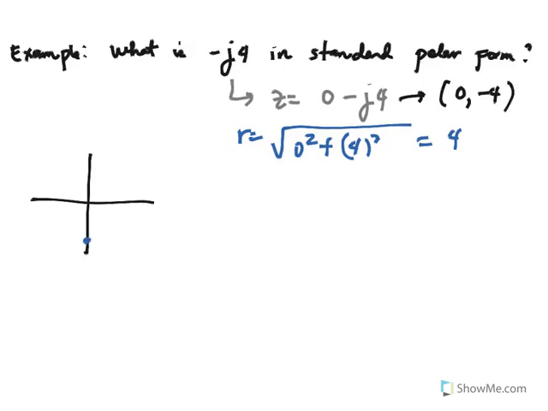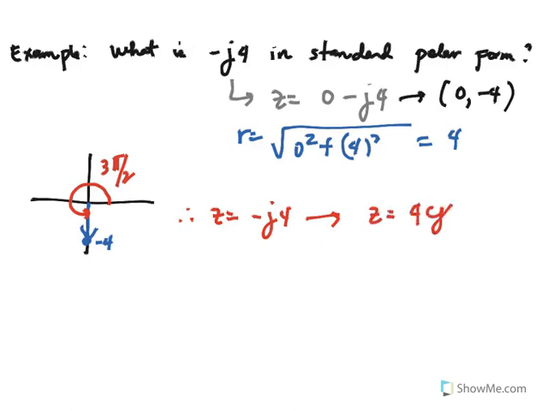So, pag ginraph natin yan, nandito yan, negative 4. Vertical, no? Pababa. At ano yung angle niyan? Mula dito, pag ganyan, this is 3 pi over 2, or it's 270 degrees. Therefore, z equals negative j4 in standard polar form is z equals 4 CJS 3 pi over 2.